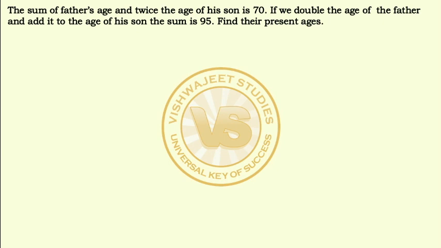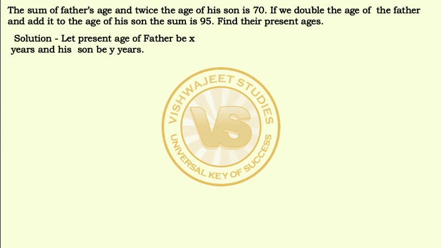Here we have to find the present ages of the father and his son. So let the present age of the father be x years and of his son be y years. Our first condition is: the sum of father's age and twice the age of his son is 70. Father's age means x.